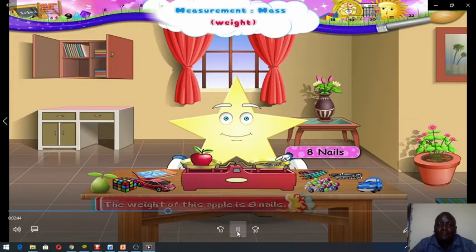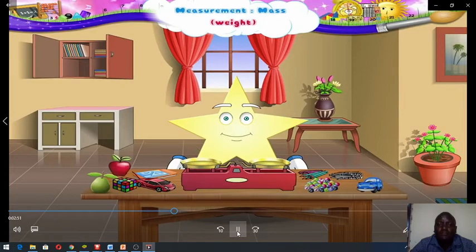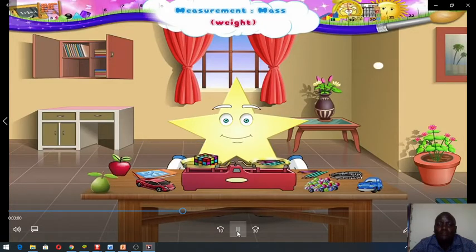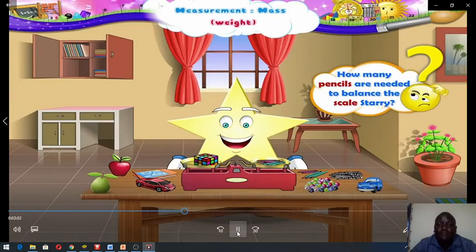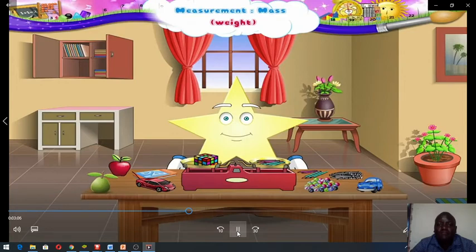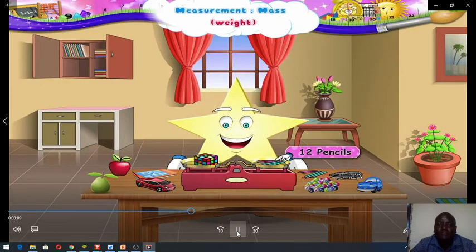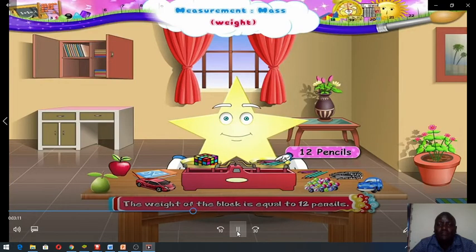So we say that the weight of this apple is 8 nails. Now let us find the weight of the block with these pencils. How many pencils are needed to balance the scale, Starry? 12 pencils. So the weight of the block is equal to 12 pencils.